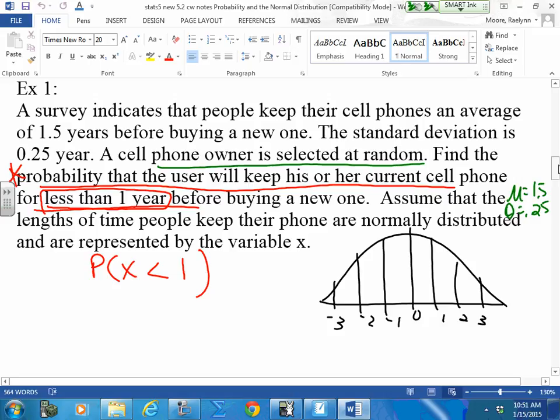Put that onto this curve at the top. There's your mean, 1.5. We're going to add your standard deviation, 0.25, so 1.75. We're going to add another 0.25, 2, another 0.25.